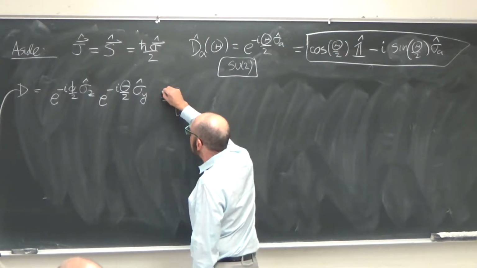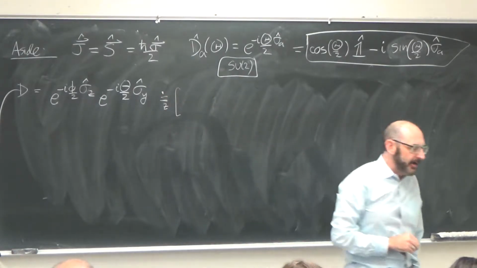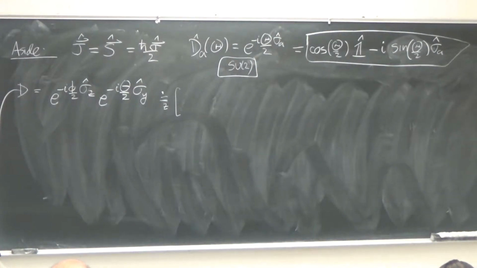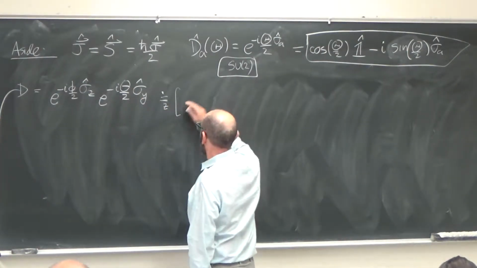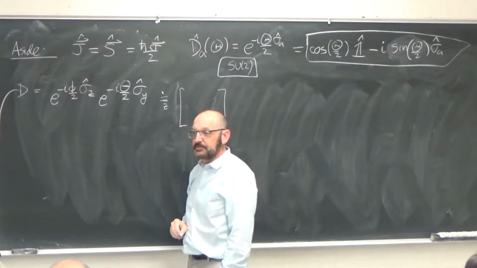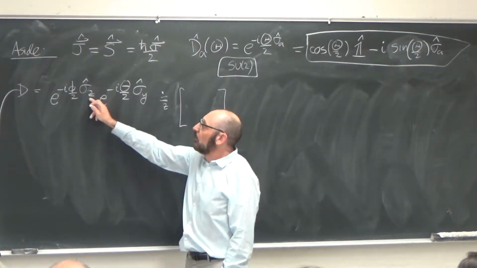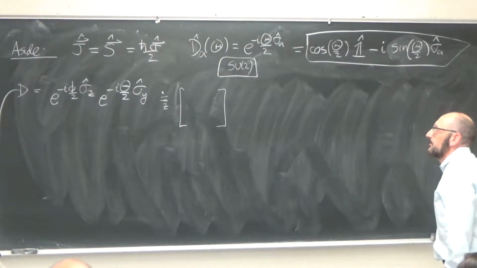So let's write this matrix in a representation as a product of matrices in the Z basis, the standard basis. This matrix is easy to write down in the standard basis because it's diagonal in that basis, right? And so what does that matrix look like in the standard basis?